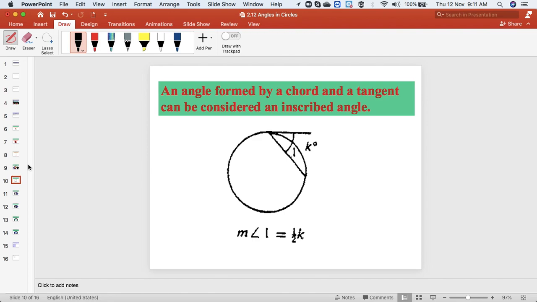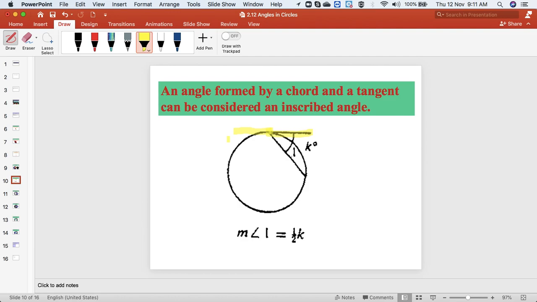An angle formed by a chord and a tangent can be considered an inscribed angle. So a chord and a tangent. The tangent here is this part, and it can be extended.